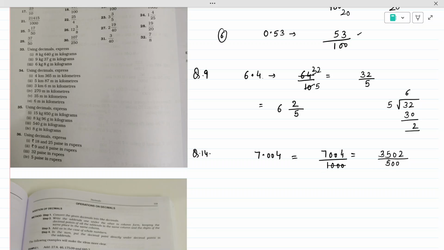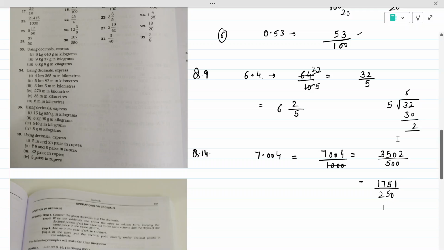Again we can see that 2 is a common factor of these two, numerator and denominator. So let's try to divide this again. So we have 2 into 1, 2 into 7, 2 into 1 is 2, 2 into 7 is 14. 2 into 5 is 10 and 1. And here we have 250.